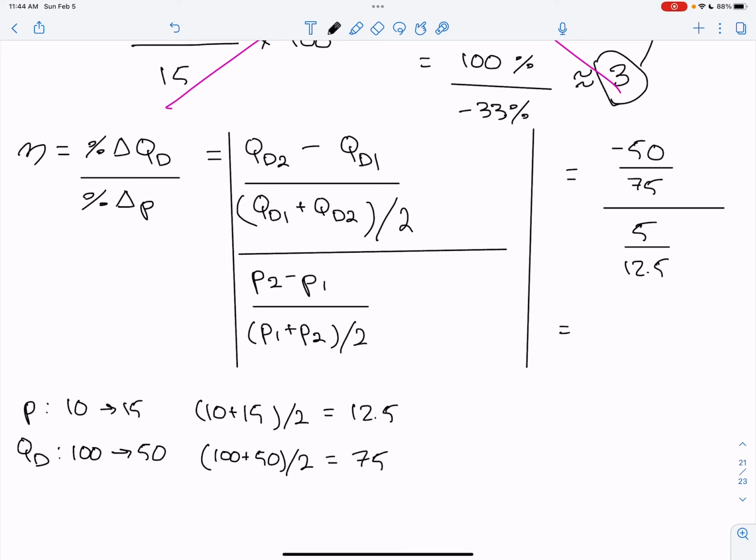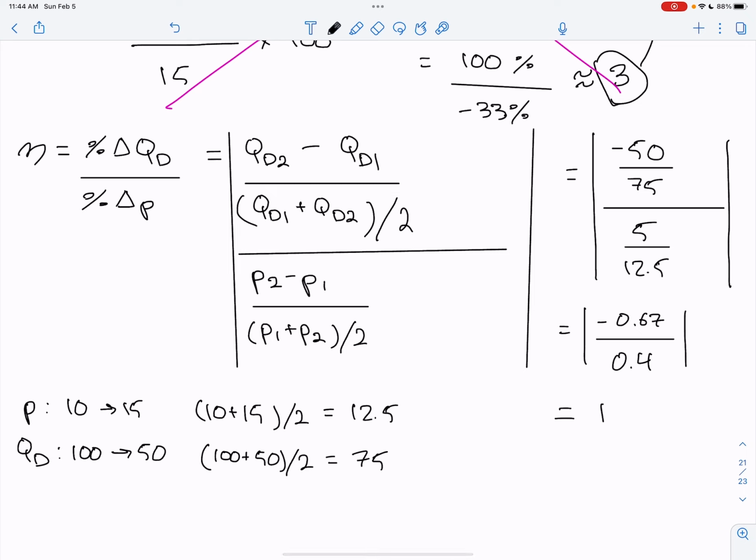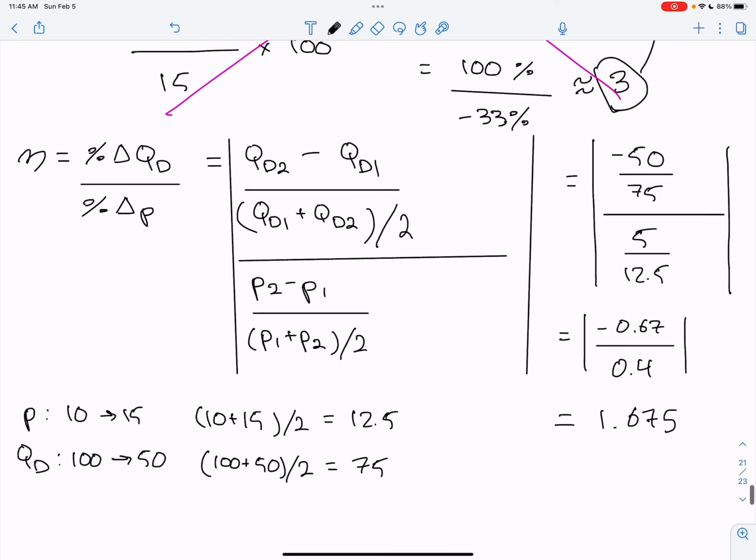And of course, we cannot forget the absolute values. So negative 50 divided by 75 is approximately negative 0.67. And 5 divided by 12.5 is 0.4. Now taking absolute values, you could just get rid of the negative sign. So 0.67 divided by 0.4 is 1.675.